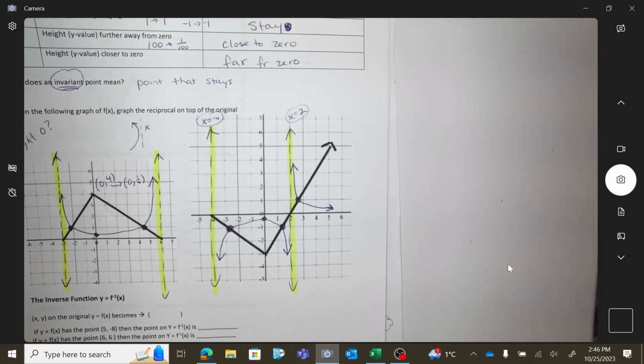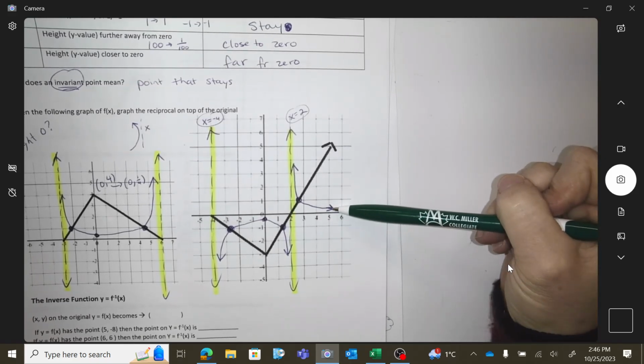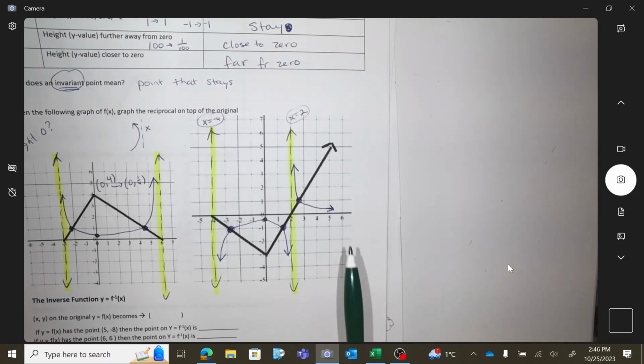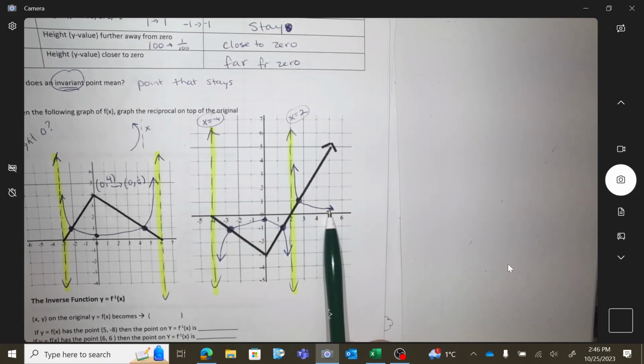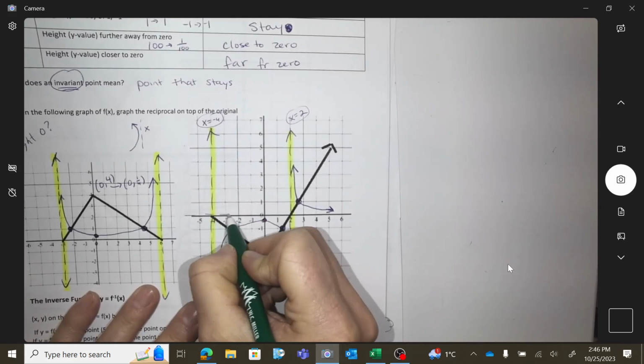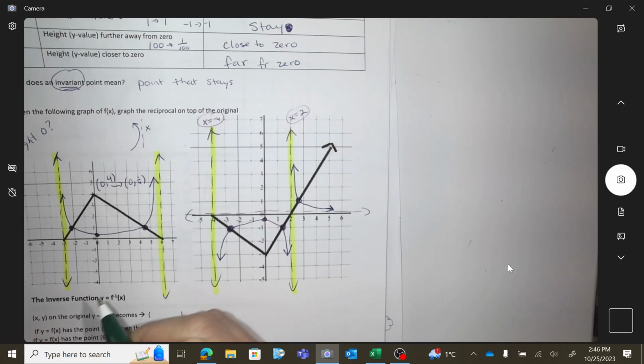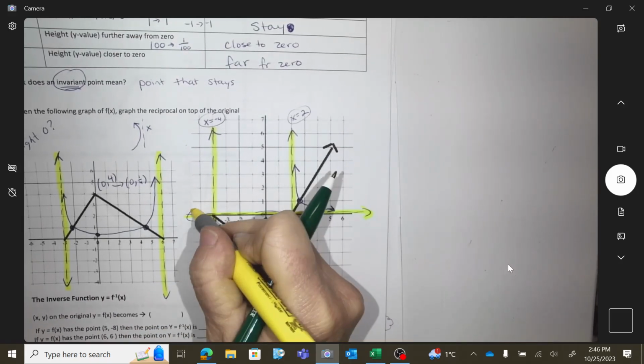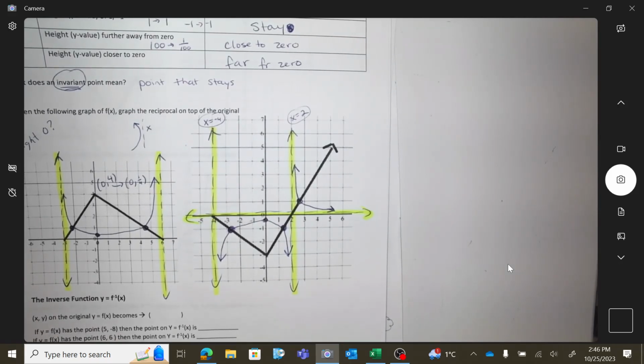Okay, now, mind-blowing, something happens on this graph. Oh, there's a line in between them. Oh, on the x-axis. Yep. So there's now, because of this pattern, as soon as a graph ever gets closer and closer and closer to something but doesn't touch it, what should you draw? An asymptote. So now there's actually 3 asymptotes on this graph.